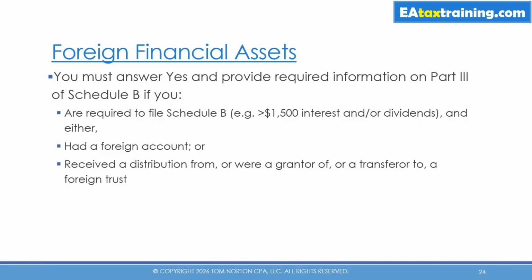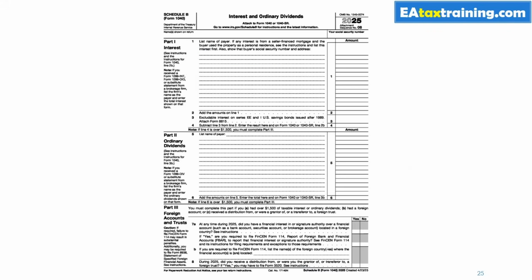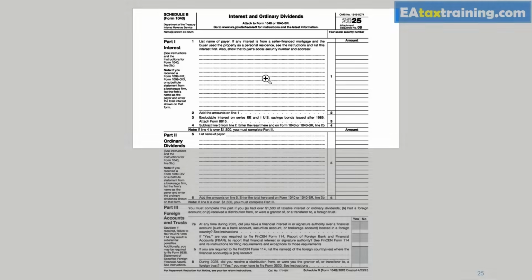So if you're required to file Schedule B for any reason, and you either had a foreign account or received a distribution from, or were a grantor of or a transferor to, a foreign trust, then you're going to have to say yes to the boxes in Part 3 of Schedule B. So let's look at that to see what we're talking about.